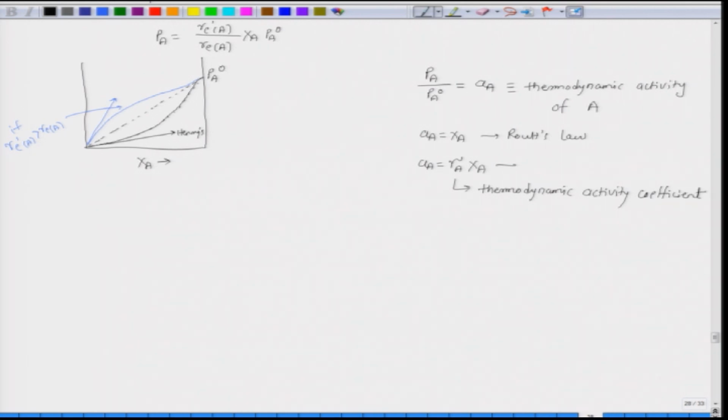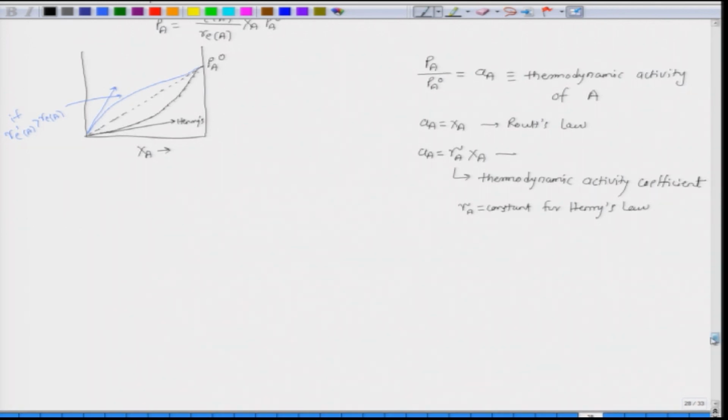So, when we have dilute concentration, we know there is a linear relation between AA and XA, and so gamma A is constant at dilute concentration, or this is Henry's law. Okay. So, this gives us the physical significance of the term thermodynamic activity. What is it?